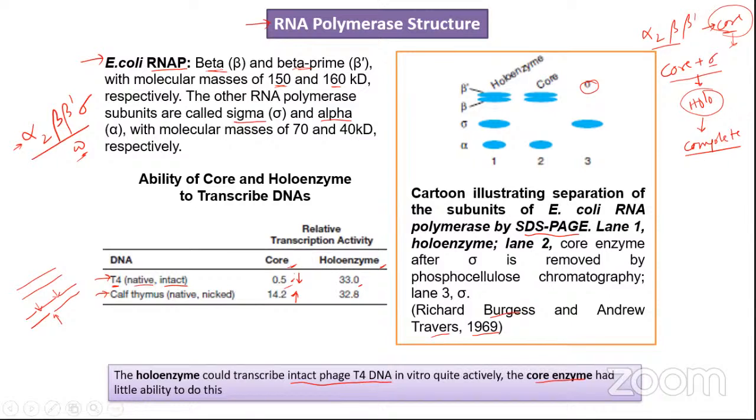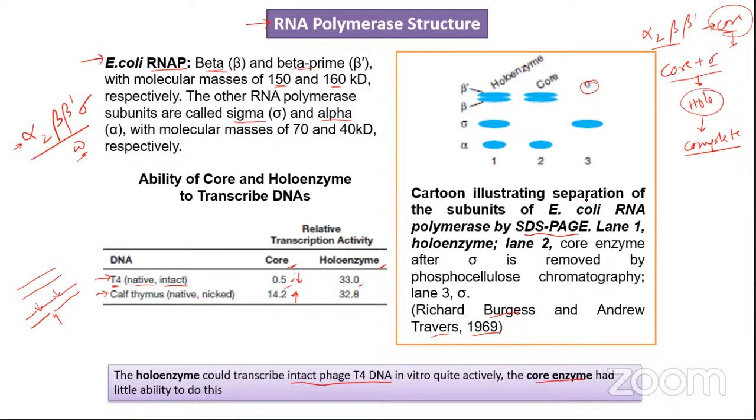So now we have established what the composition of RNA polymerase is, and we also found out that there are two different forms of the active enzyme. One is the core enzyme and another is the holoenzyme.